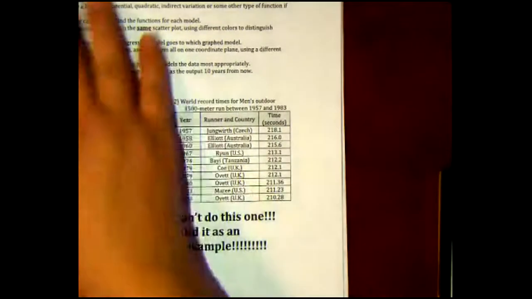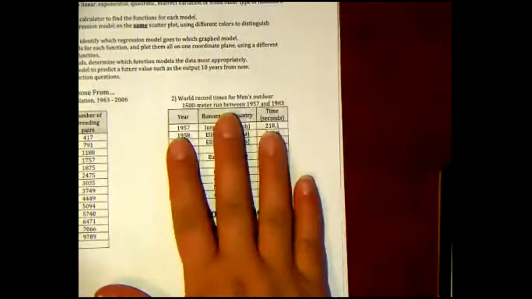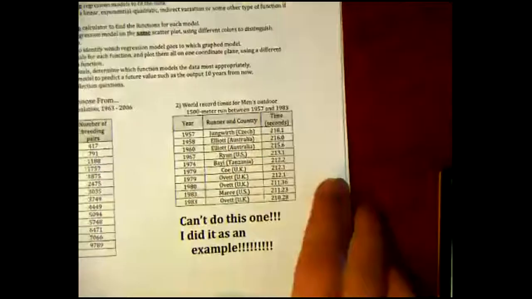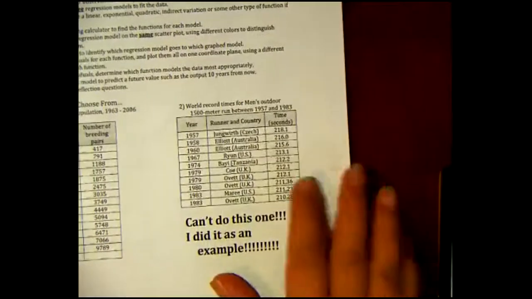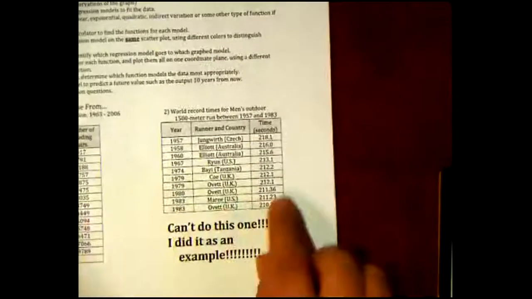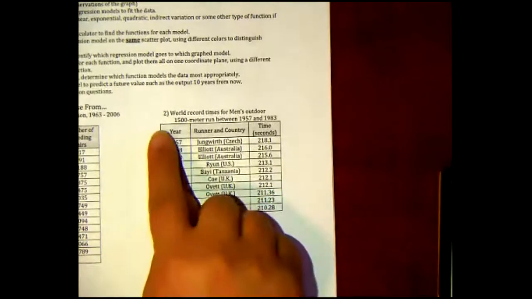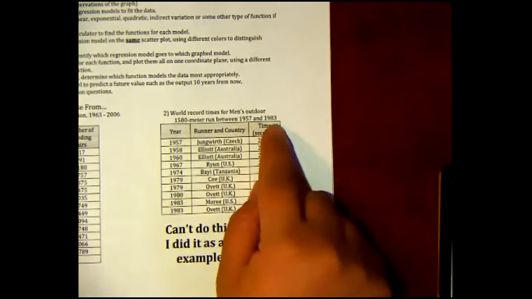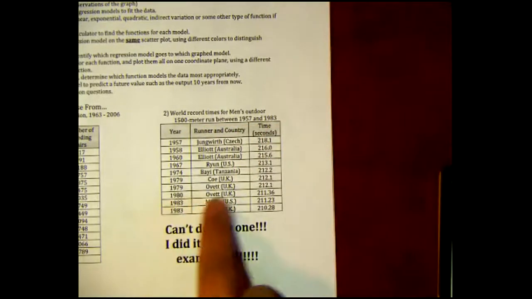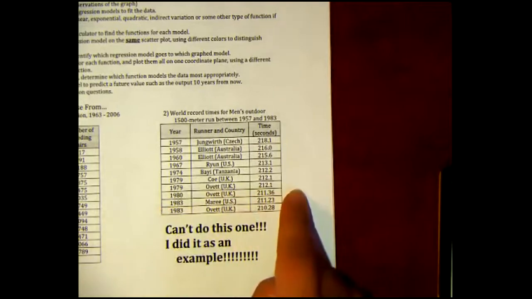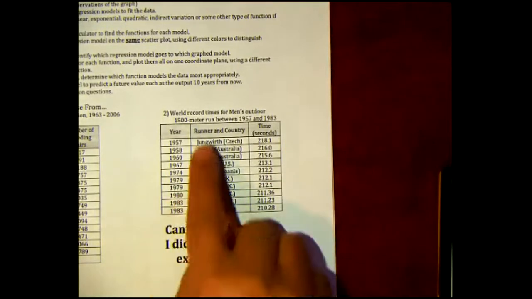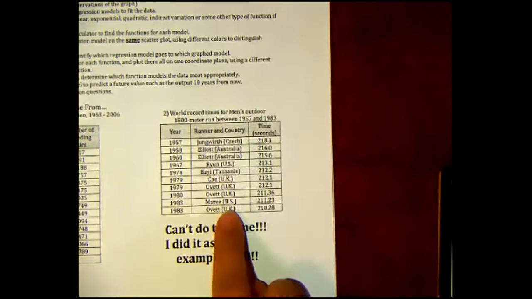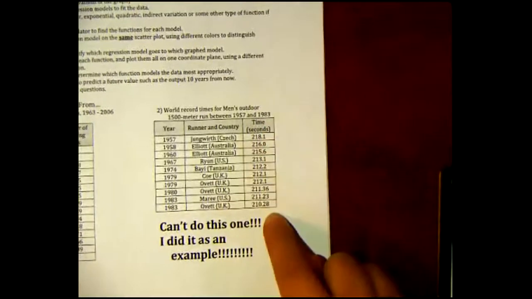So step 1 was to select the data set, done. Step 2 is to identify my 2 variables, specifying which will be the input and which will be the output. If I take a look here, I have world record times for men's outdoor 1,500-meter run between 1957 and 1983. As I can see, I have 3 columns here. I have the year, I have the runner and the country, and then I have the time in seconds.